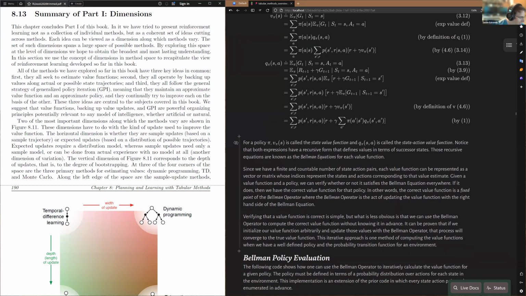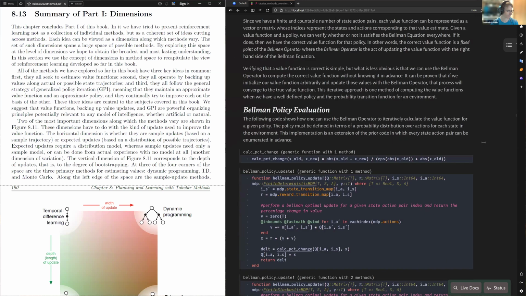It should be obvious that you can use these to verify you have the correct value function, right? The less obvious part is that you can use this as an operator to update an incorrect value function and progressively make it correct. But that's the idea behind the dynamic programming techniques.